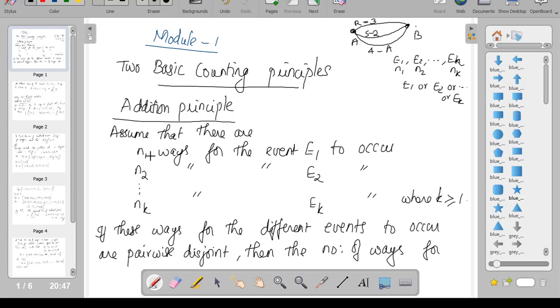So the addition principle says that, assume there are n1 ways for the event e1 to occur, n2 ways for the event e2 to occur, and nk ways for the event ek to occur, where k is greater than or equal to 1.